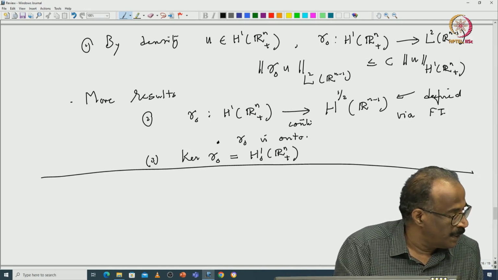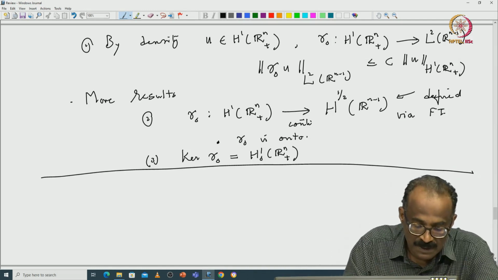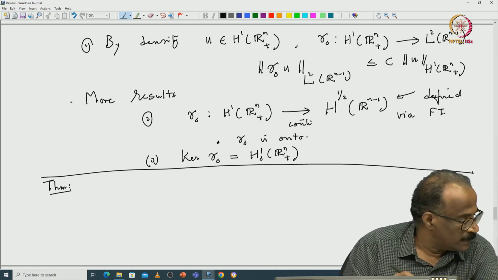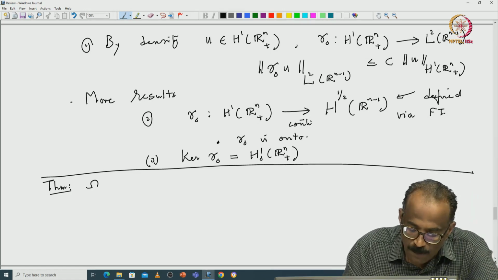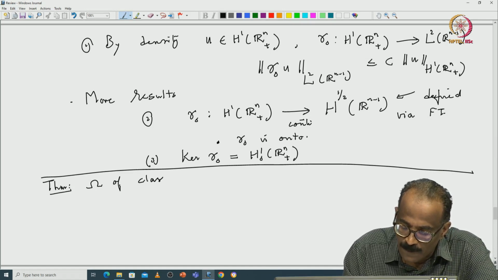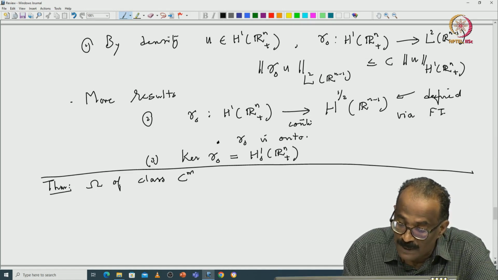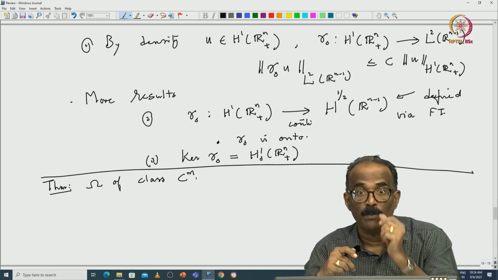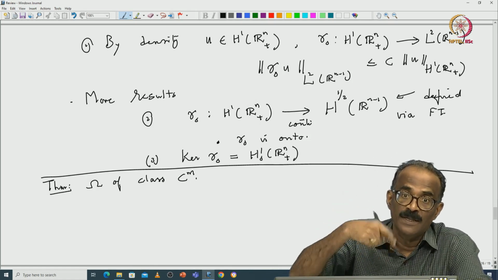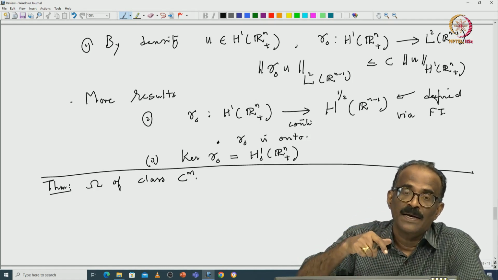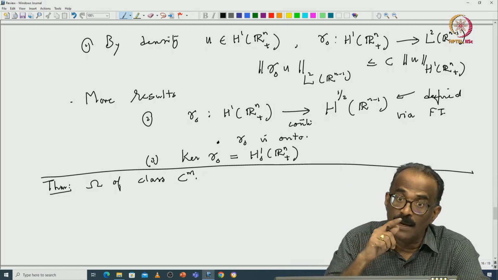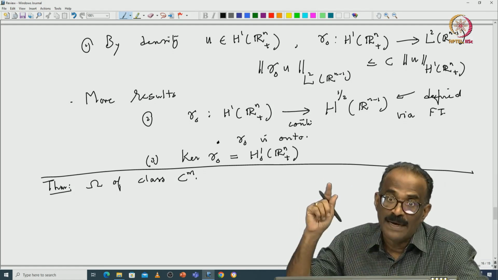So, the general theorem you can write: you need omega of class C m, and you can have more results. You need more and more: not only can u be restricted, if you have H2, the gradient of u will be in H1 and the gradient of u can also be restricted, which will allow you to define the normal derivatives.